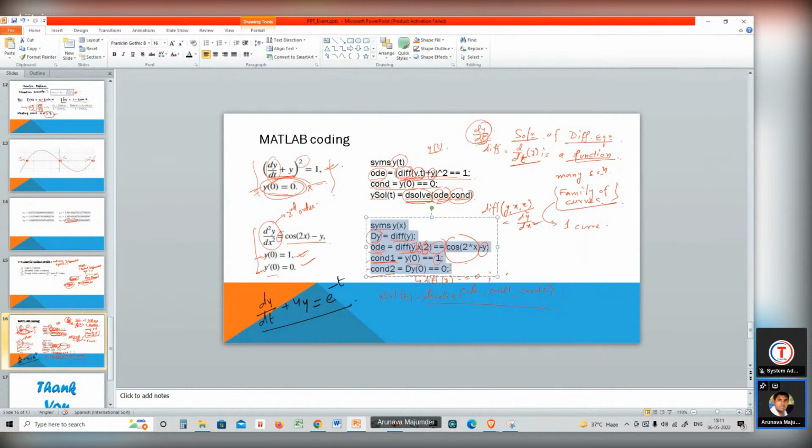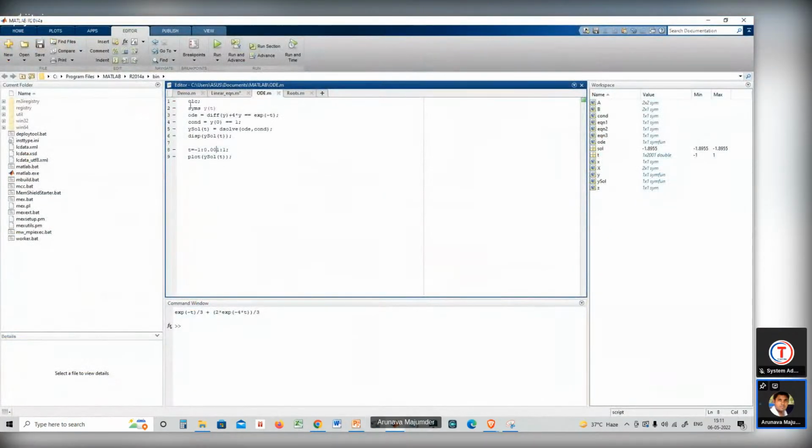There are two conditions. Let us use it here.